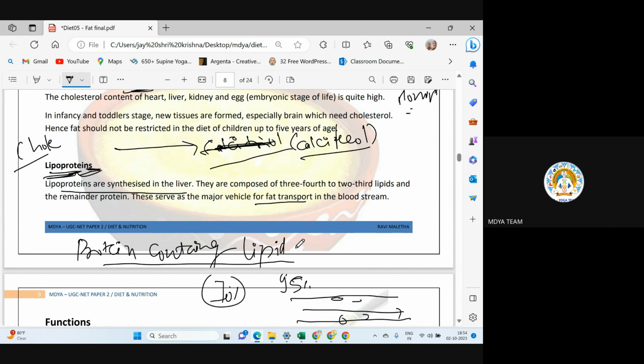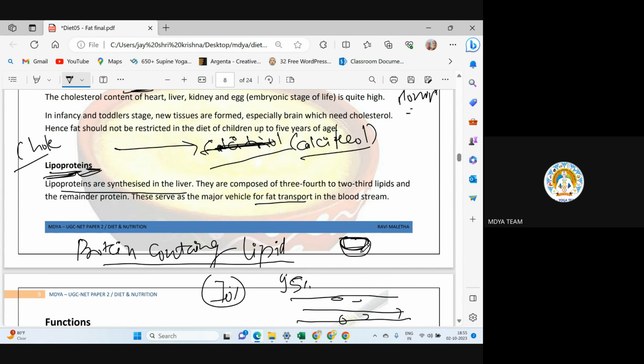act as a transporter. Like what these lipoprotein do, if there is one fat molecule and it needs to be transported in our body, these protein will make a covering outside of this fat molecule, so that this fat molecule will get dissolved in water, and will be transported through our body and used wherever it is needed.